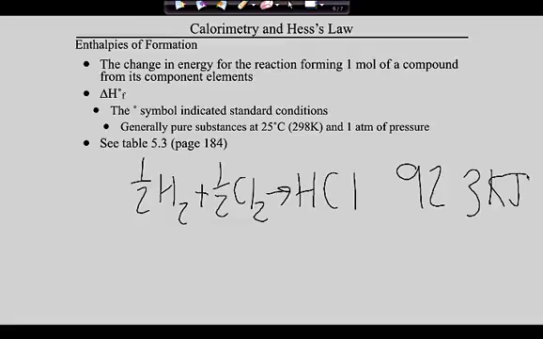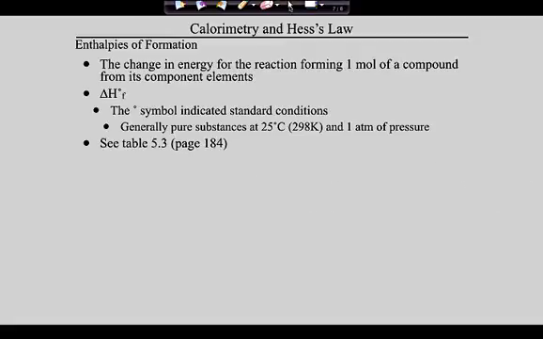They're all understood to be 0. You need to write that down. Let me put it up on the screen. Guys, all the diatomic elements are assumed to have a delta H, a heat of formation, of 0. You get the idea?